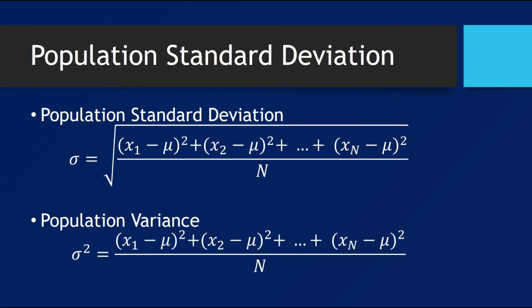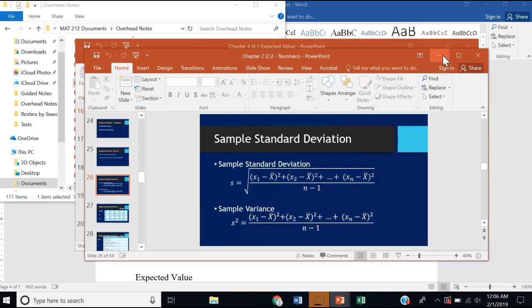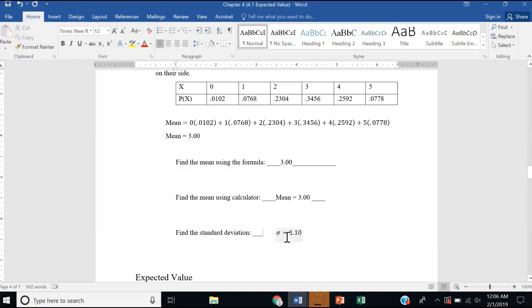We don't have that problem with the population standard deviation. With the population standard deviation, we're dividing by capital N. So dividing by 1 there is not a problem. However, with the sample standard deviation, dividing by 1 is a problem. So that's the mathematical reason that sample standard deviation is not displayed, but population is.